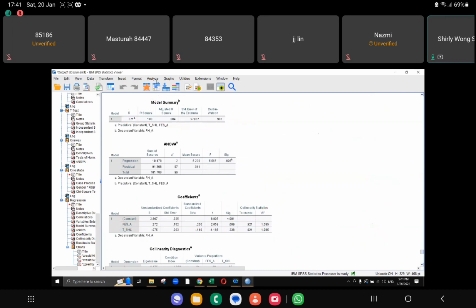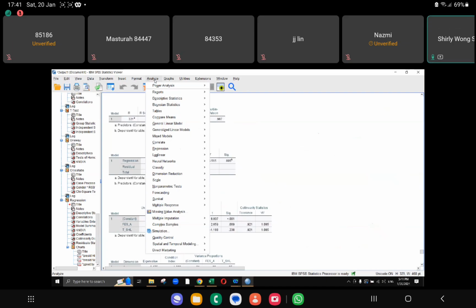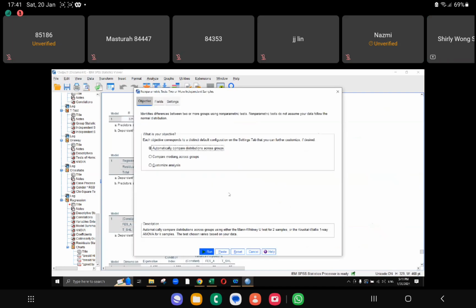Think that's all. The rest, the non-parametric test is actually here. The independent sample test is actually here. Comparing distribution, I don't want to teach, still need a lot more time.